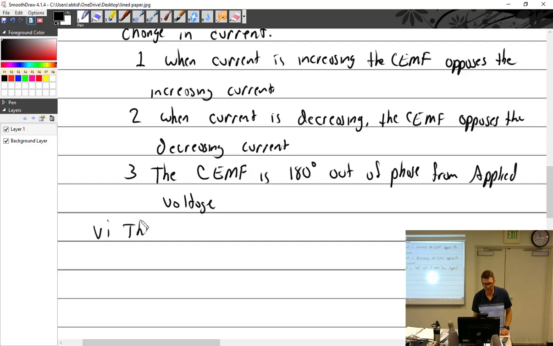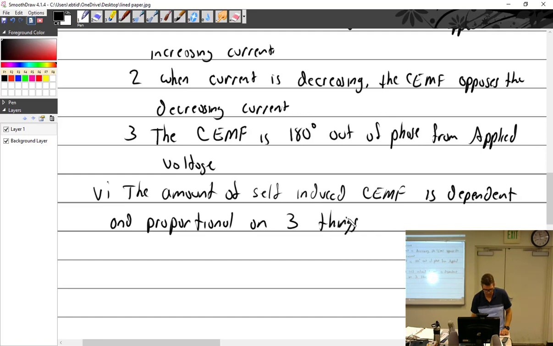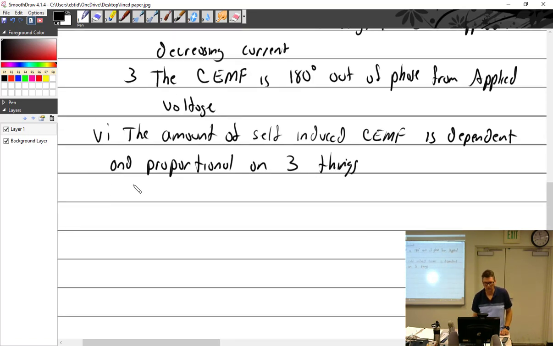The amount of self-induced counter EMF is dependent and proportional on three things. One, frequency.